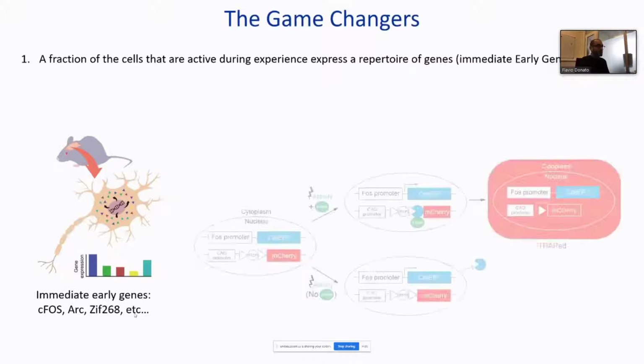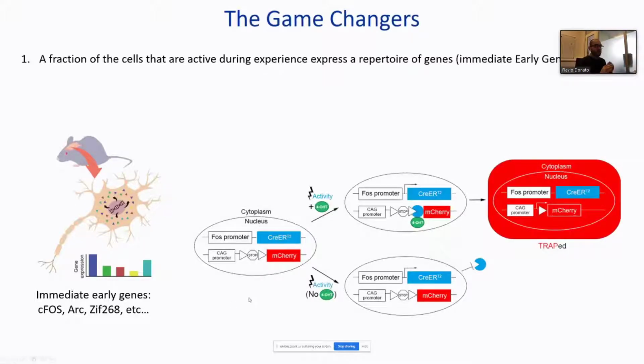And how? Because we can combine the construct that I was telling you before, that is the ability to induce the expression of a specific protein, the expression of a specific construct, with one of the promoters of these immediate early genes, and to activate the recombination only in moments where we inject tamoxifen.